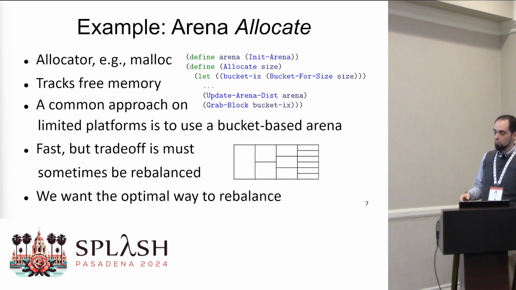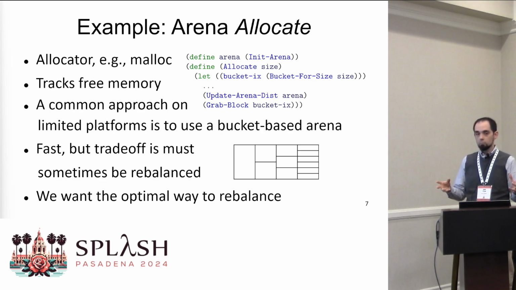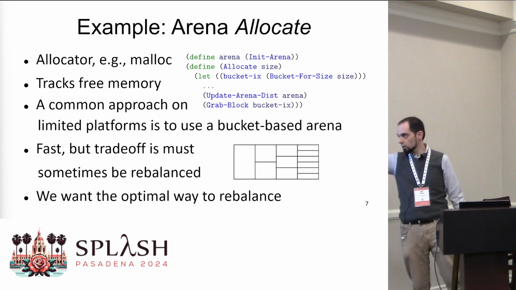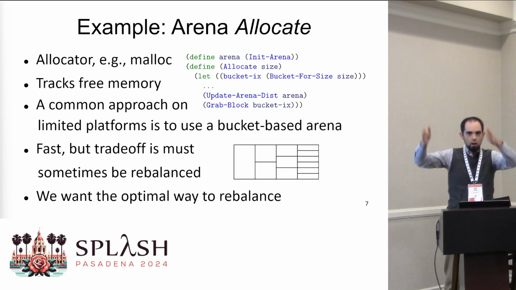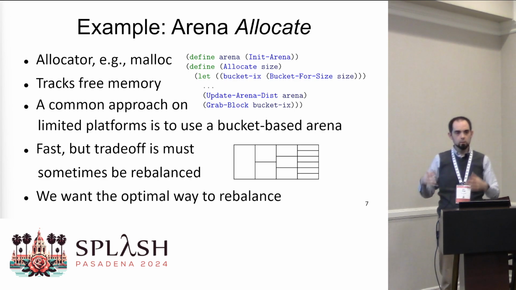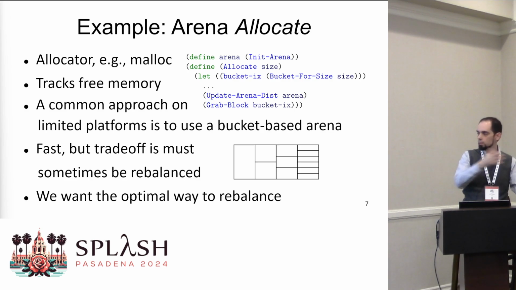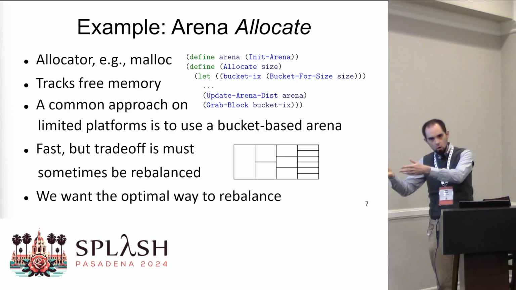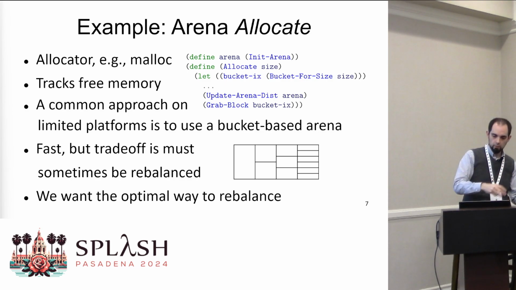A common approach on limited platforms like embedded systems is to use a bucket-based arena. This little chart shows it's broken down into buckets of different sizes: large, half, a third, etc., right? The idea is if you ask for something small, you'll get it out of the small bucket. If you ask for something large, you'll get it out of the large bucket.